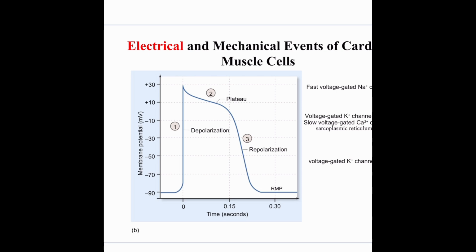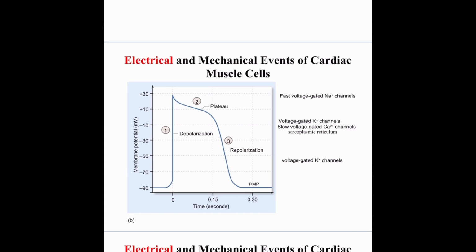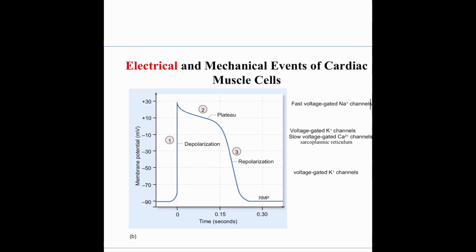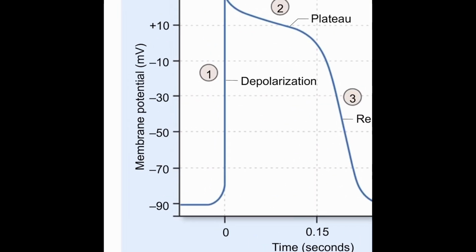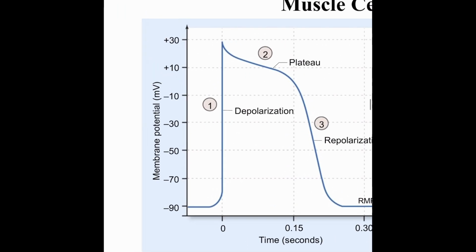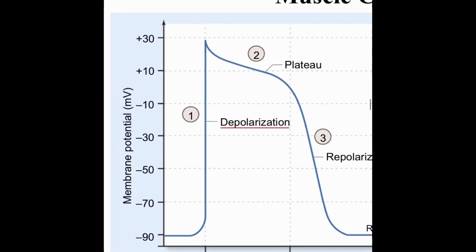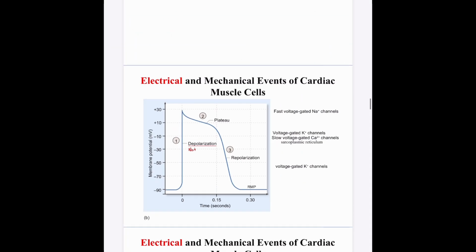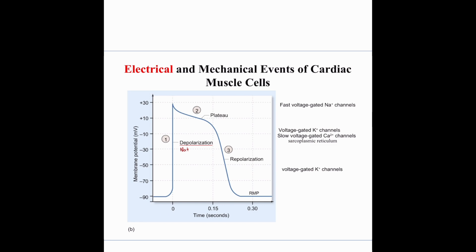So here we can see that instead of essentially reaching threshold, we have a straight shot up. And this straight shot is just depolarization. So this would be our fast sodium channels now.